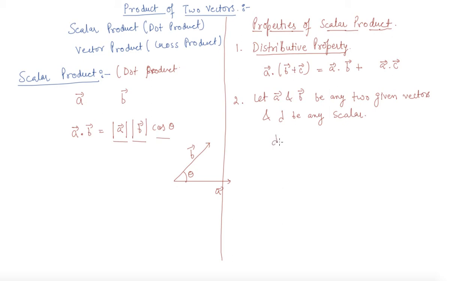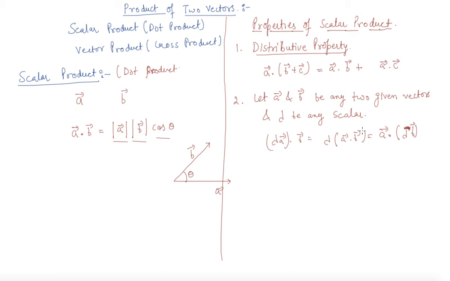Then lambda times A dot B is given as lambda times the quantity A dot B, or it can also be written as A dot lambda times B. Lambda is a scalar quantity here. It means that whether you multiply a vector by a scalar first, or take the dot product first and then multiply by a scalar, there is no difference between these two. So these are the two properties that we need to discuss.